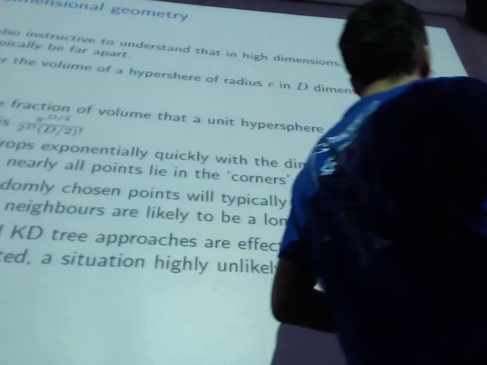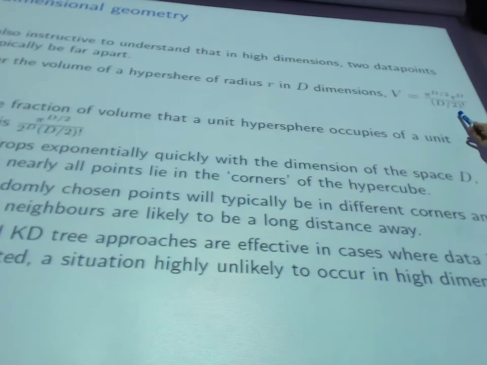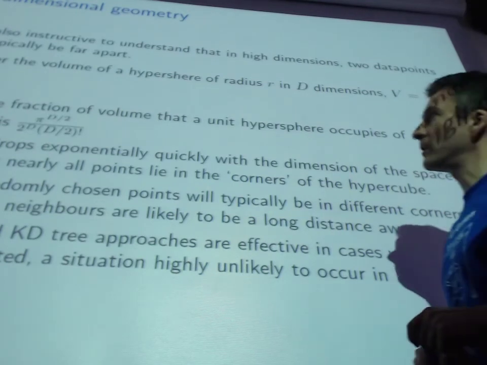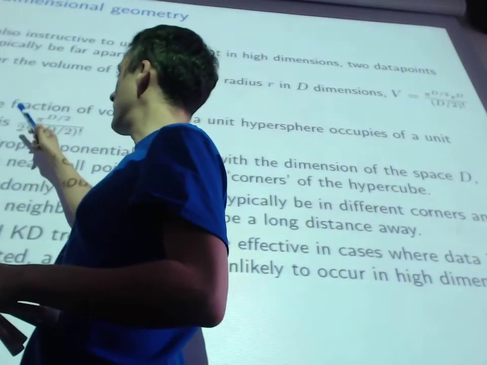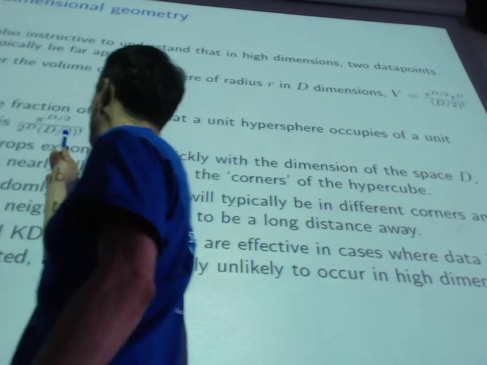In d dimensions, the volume of a hypersphere is given by this formula here, for some radius. So if the radius is a half, the occupancy of this compared to the whole volume is given by this expression here.